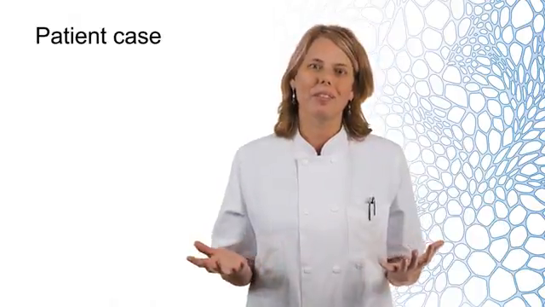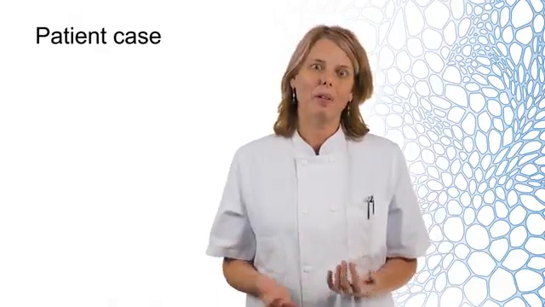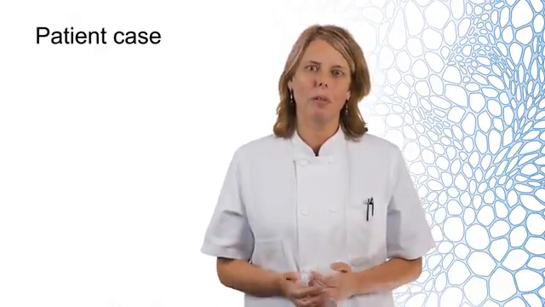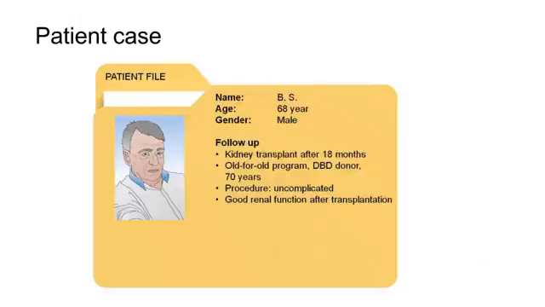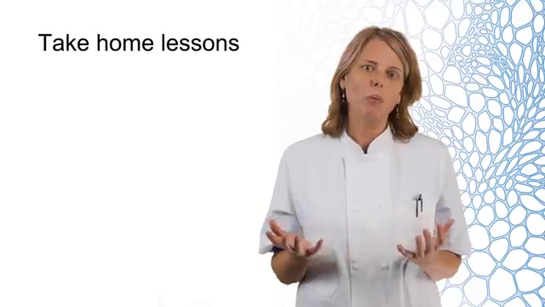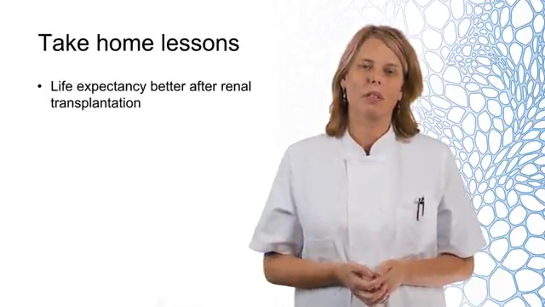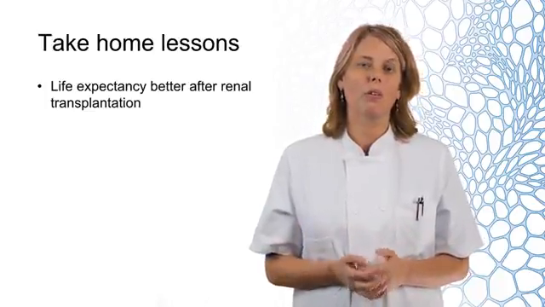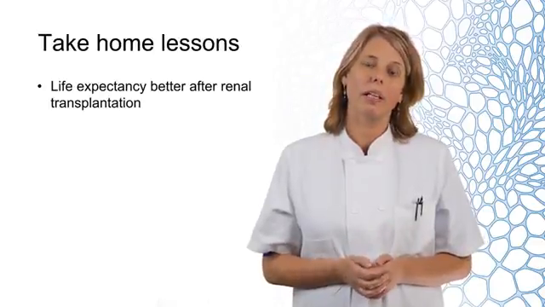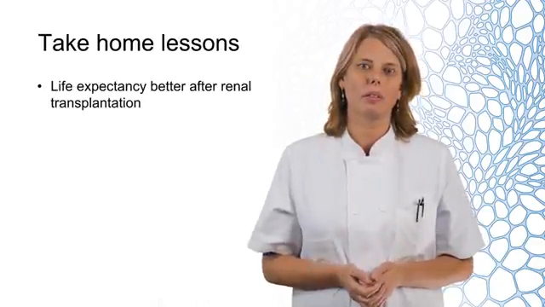So this patient received a kidney after 18 months of waiting time of an Old for Old DBD donor of 70 years. The procedure was uncomplicated and the patient had luckily a good renal function after the transplant. So what should we learn from this? Now, in the first place, life expectancy is better with a successful transplant, also in elderly and in patients with diabetes.